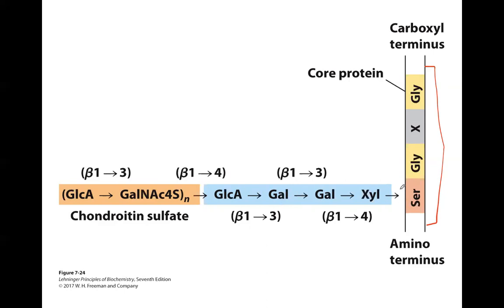The hydroxyl oxygen of the serine will be glycosylated with xylose, then galactose. These indicate what kind of glycosidic bonds they are going to form. And then you have chondroitin sulfate, which is the glycosaminoglycan. That's going to be the large sulfated glycan, which consists of repeating disaccharide units.